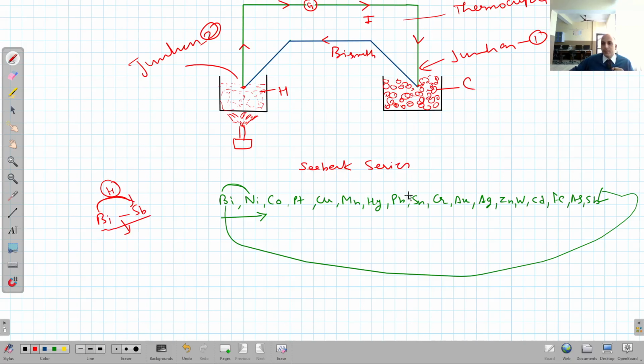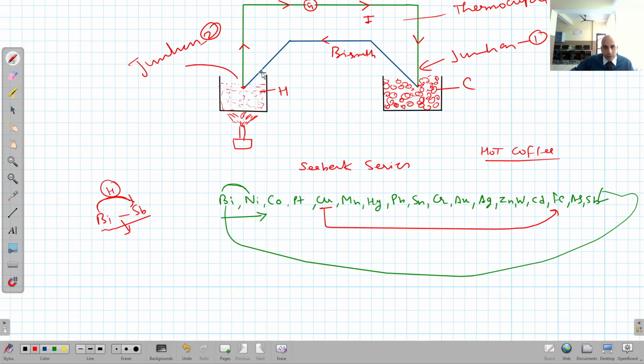Similarly, if we make a thermocouple of copper and iron, where is copper? Clear? So obviously, it will be from copper to iron, because copper comes earlier than iron in this series, and the direction of the flow of current at the hot junction will be from copper to iron. So we can remember it as hot CuBi, right?